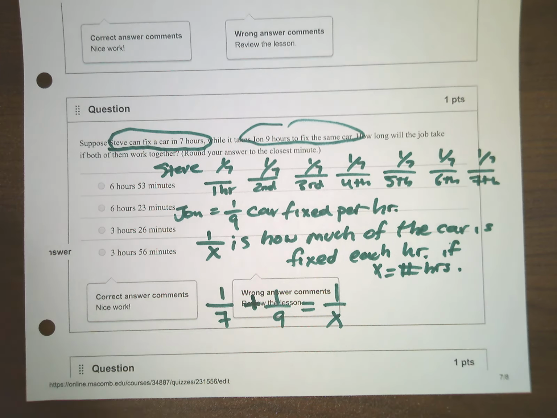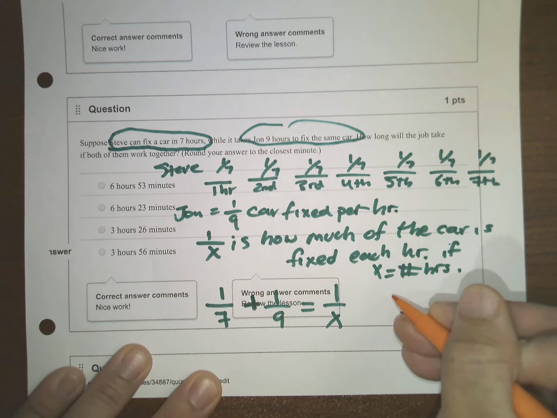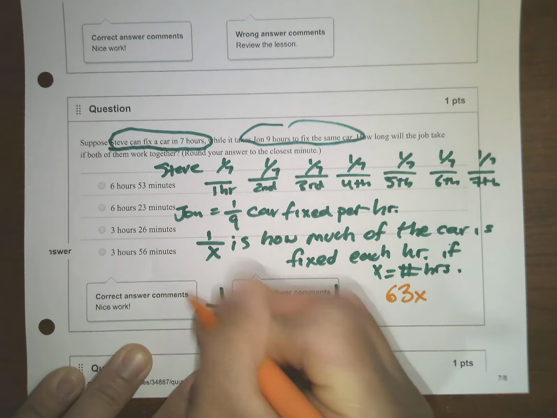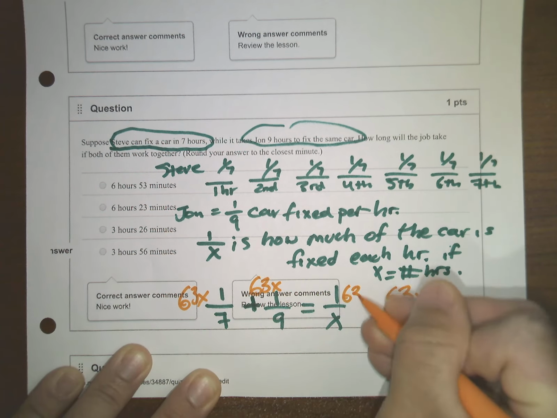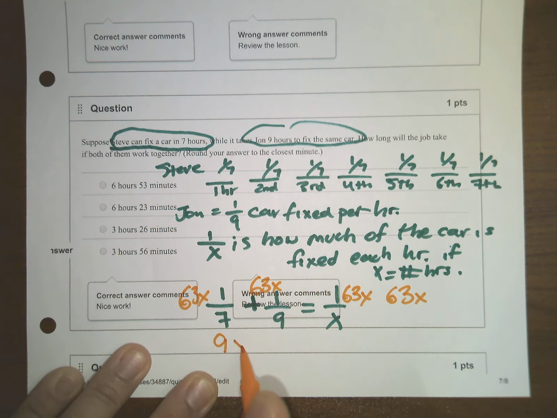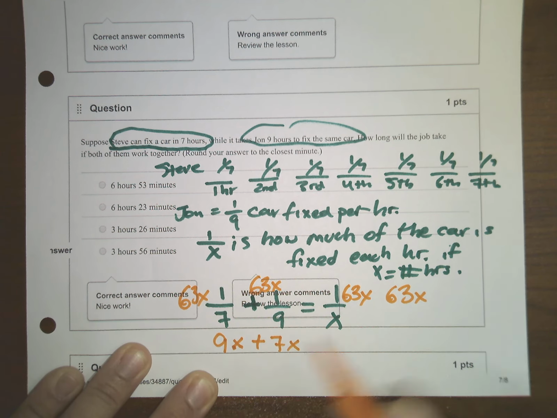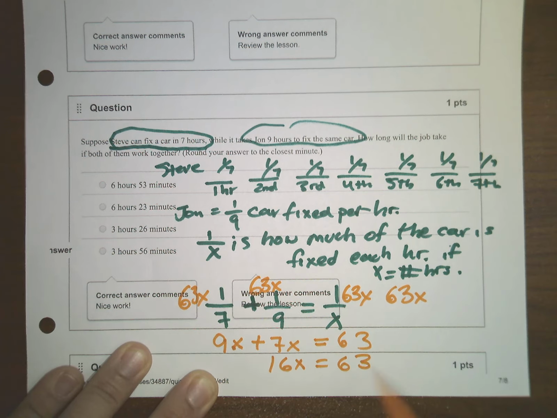Now we see that the LCD is 63x. So 63x over 7 is 9x. 63x over 9 is 7x. And 63x over x is going to be 63. Then 9x plus 7x is 16x, which is equal to 63.